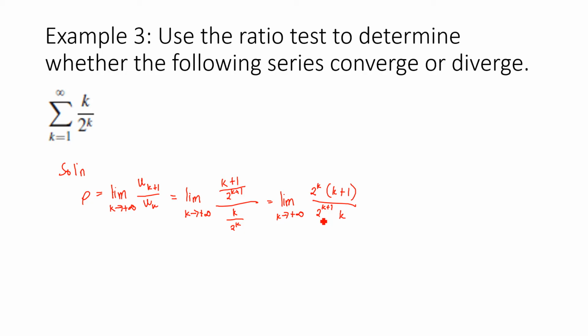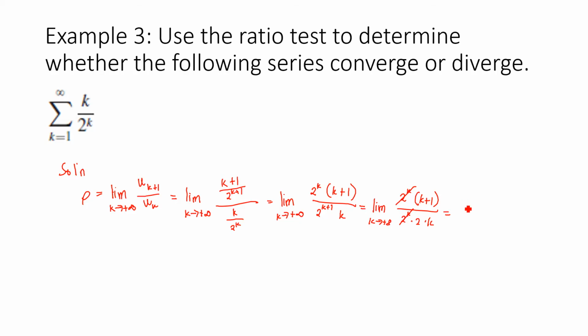This 2 raised to k plus 1 can be rewritten as the limit of 2 raised to k times k plus 1 over 2 raised to k times 2 times k as k approaches positive infinity. So we could now divide out the common factor.